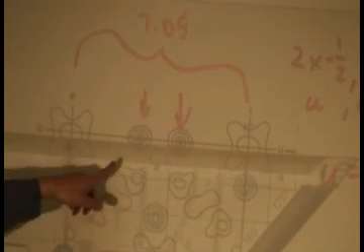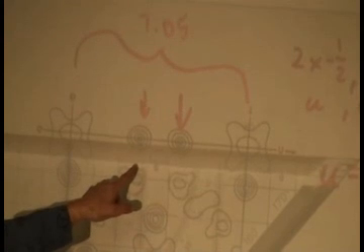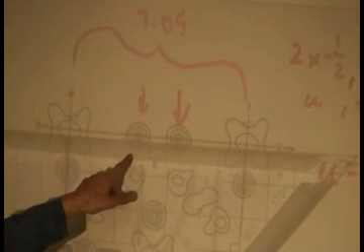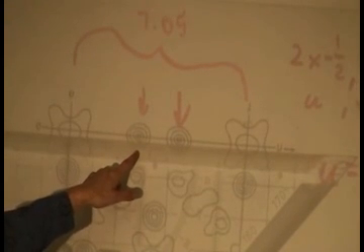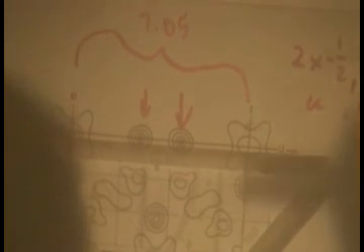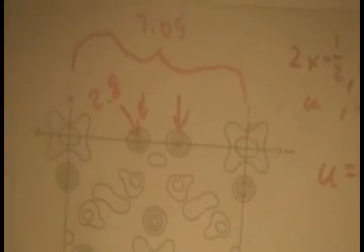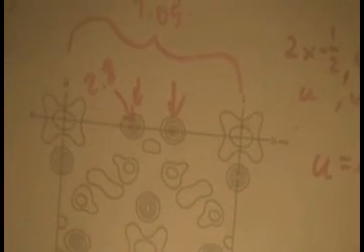Let's take the first one. This is 2, 2.5, 2.6, 2.7, it's 2.8. So that's how you get values out of your Patterson with a ruler.